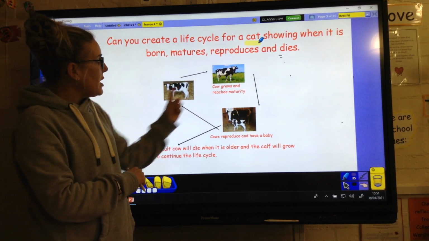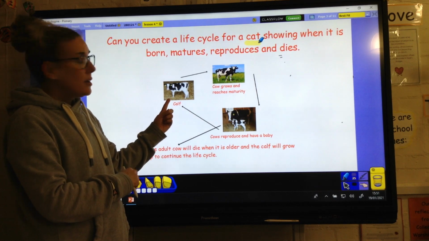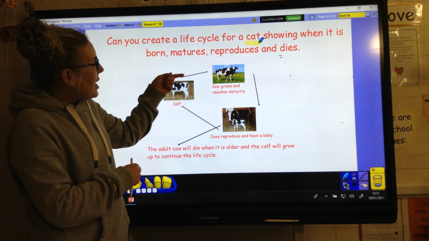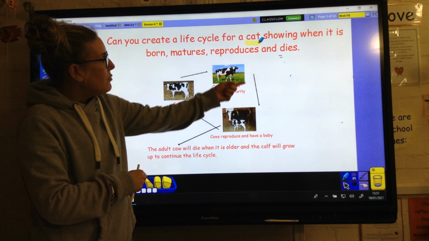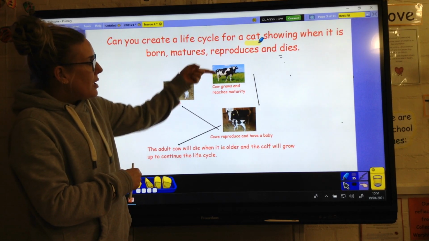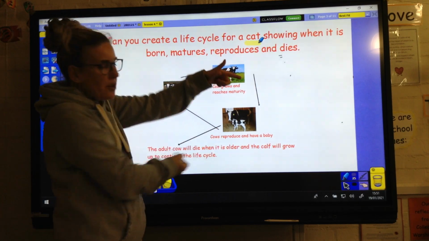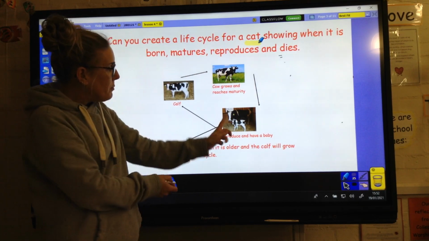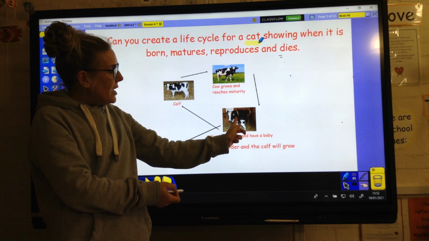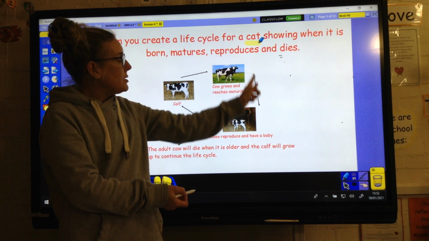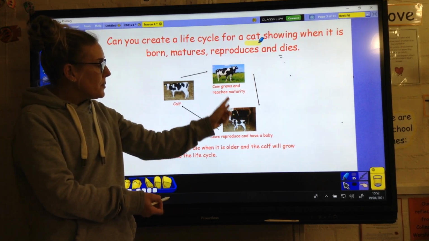So what we've got here, we've got a calf. That's a cow when it's born as a calf. The cow grows up, it reaches maturity, and then it's able to have its own babies. Then our life cycle goes, we've got two arrows on here because this calf will then go on to have more babies and the life cycle goes on.